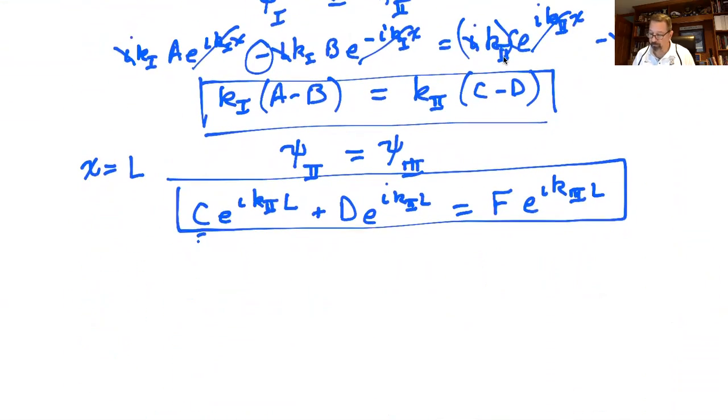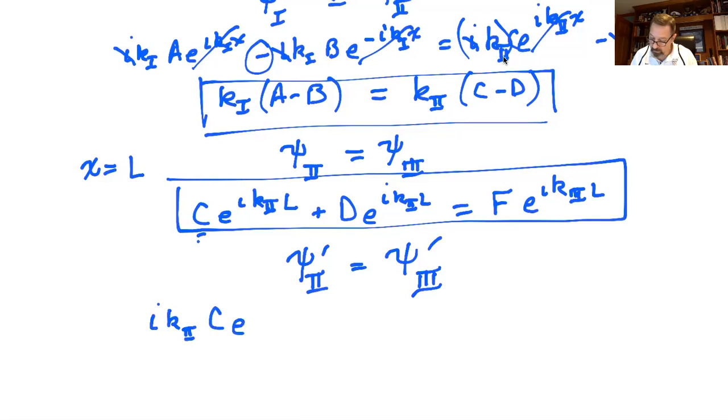All right, well, the last thing you probably guessed I have to do is look at the derivative of wave function 2, and it has to be equal to the derivative of wave function 3 at the boundary. All right, so let's see if I can take that derivative without dropping a coefficient like I did last time. Okay, the derivative of psi 2 is going to be i K2 C e to the i K2 x.